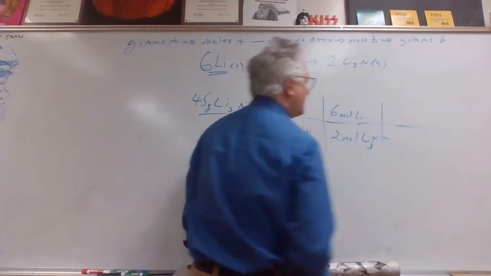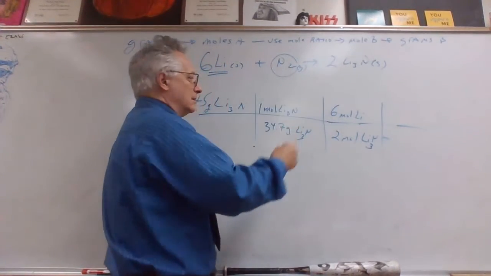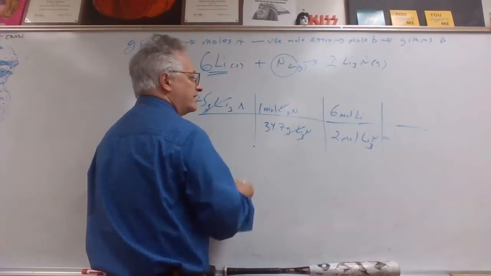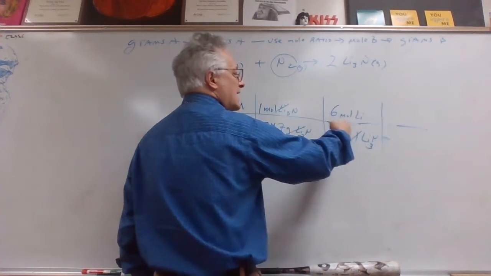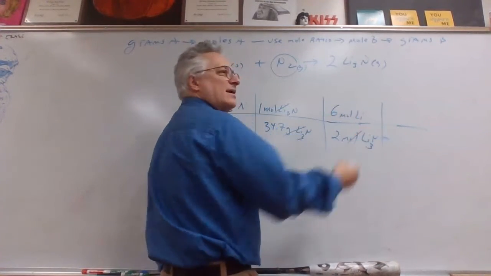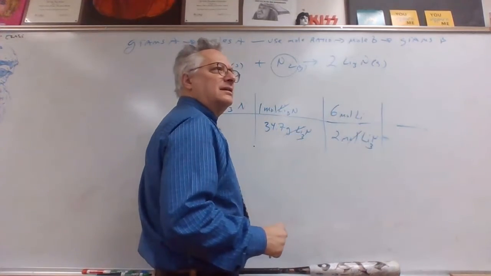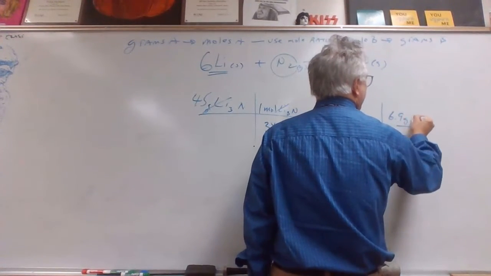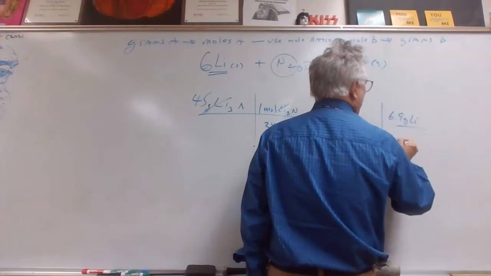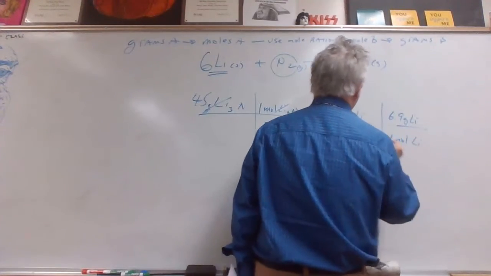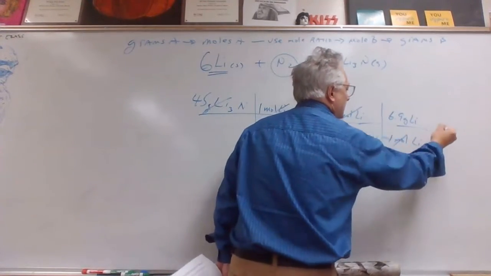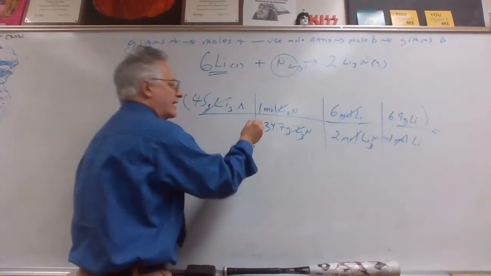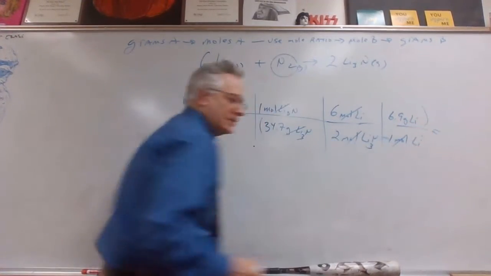And then we can keep on going, and we could say, well, the grams will cancel, the moles of lithium nitride will cancel with moles. And so I want to go from moles to grams. And lithium is 6.9 grams lithium to every 1 mole lithium, so my moles will cancel. And again, just multiply across the top and divide by the product of what's on the bottom.